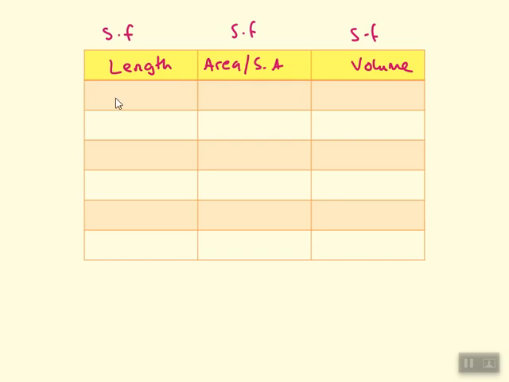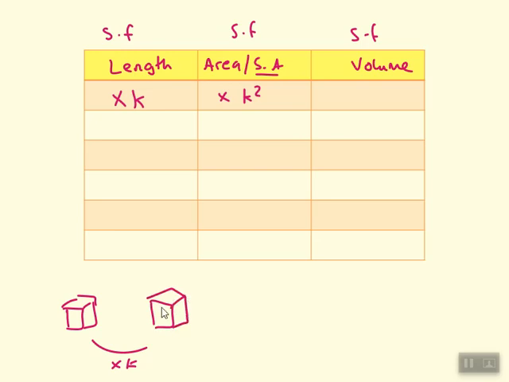If all the lengths were multiplied by k, then the areas would be multiplied by k squared, including surface area. So if you have a little shape like this, and the lengths were multiplied by k, then the area, or in this case the surface area, would be multiplied by k squared. But then the volume would be multiplied by k cubed. That's how that works.